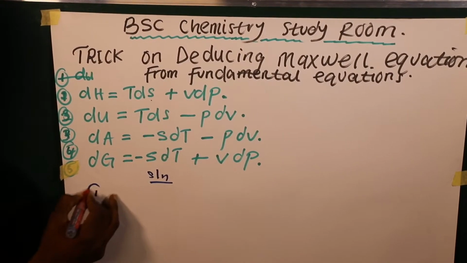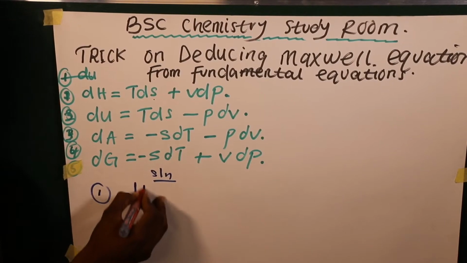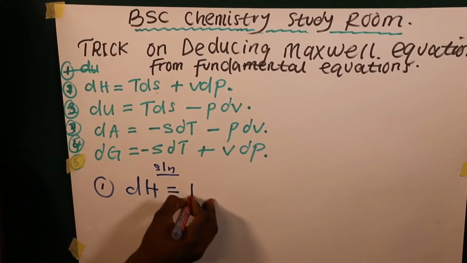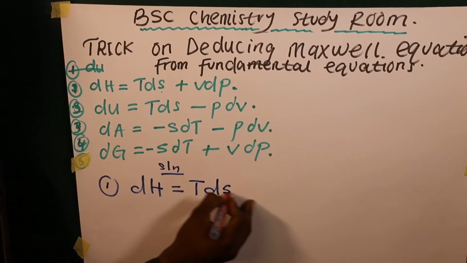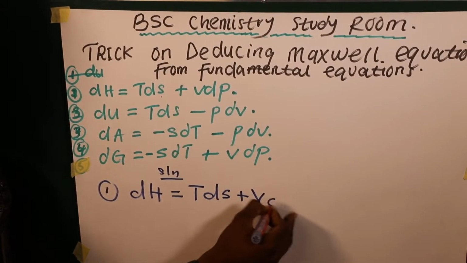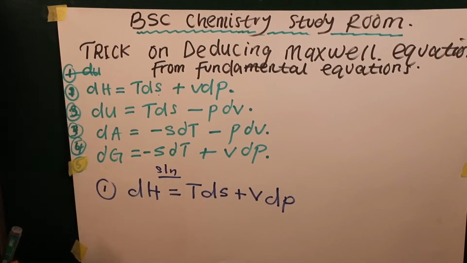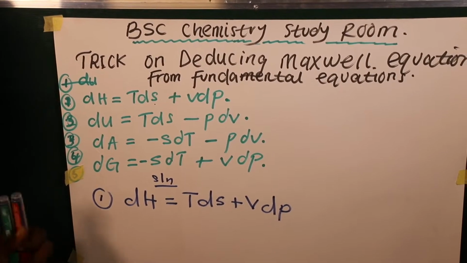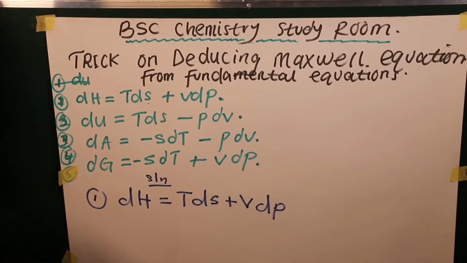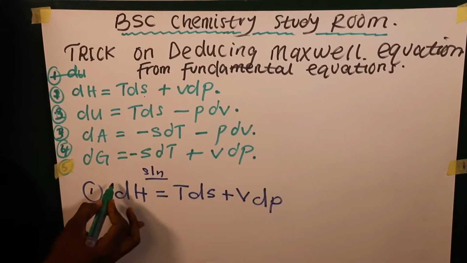Solution. Number 1, it says dH is equal to TdS plus VdP. So now, to see how to deduce the Maxwell equation from this fundamental equation, we first circle the dH and the equality sign.